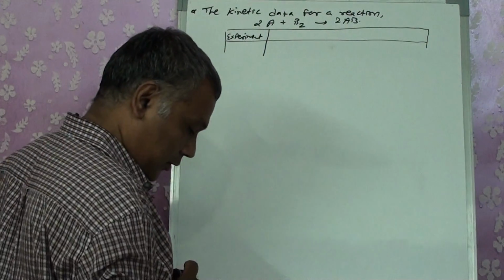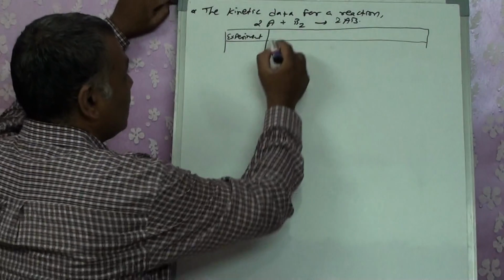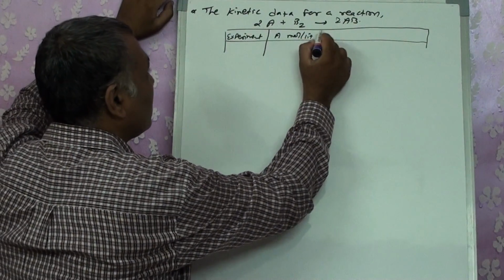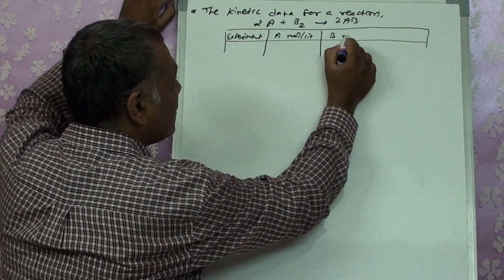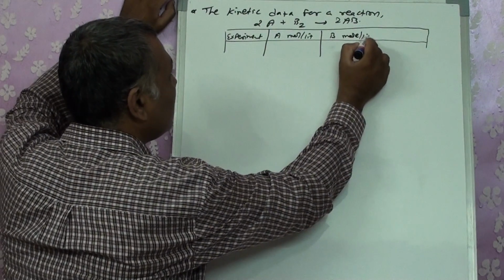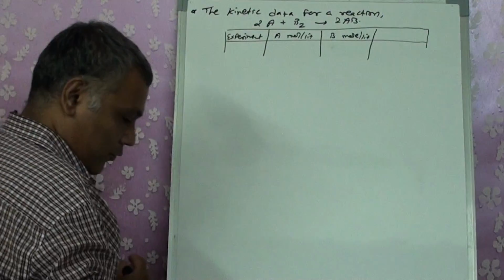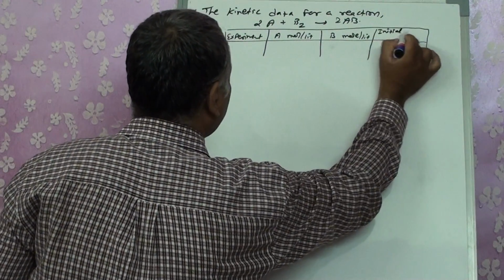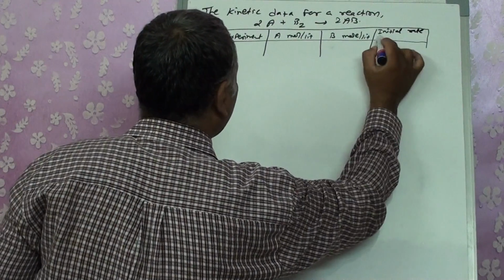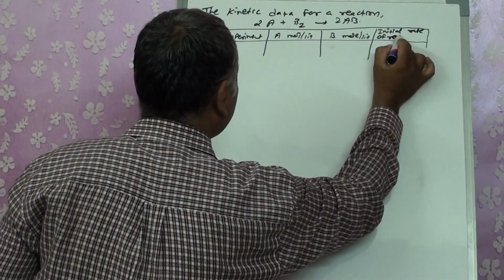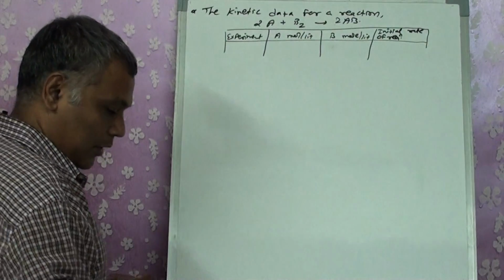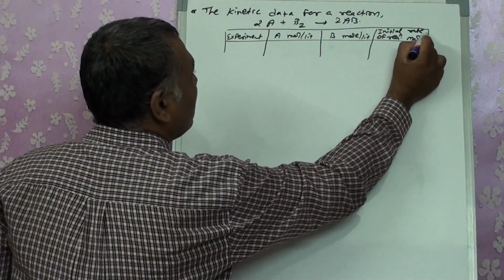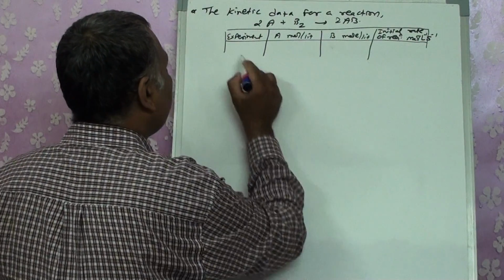Experiment, then A in mole per liter, B in mole per liter, and the last column is given to us as initial rate of reaction, in terms of mole liter inverse second inverse.